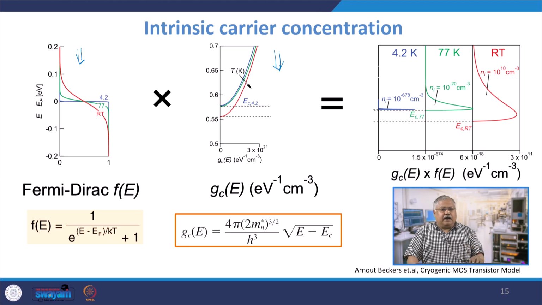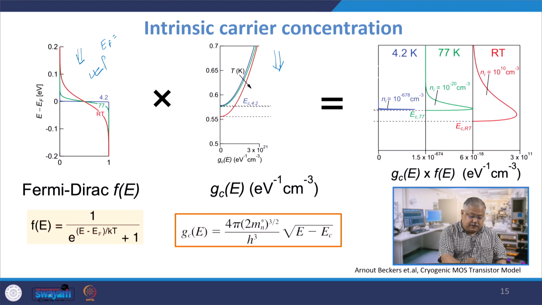So, the Fermi Dirac principle which you see on the left hand side basically tells me that f of E, the probability of finding an electron at energy state E, is given by 1 upon 1 plus e to the power (E minus Ef) by kT, where Ef is my Fermi energy.